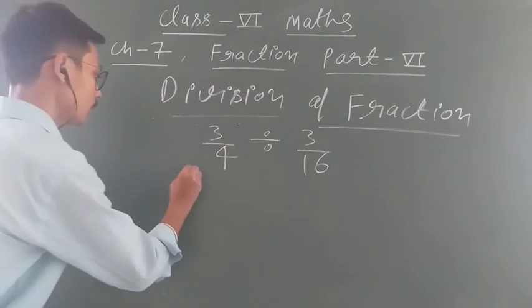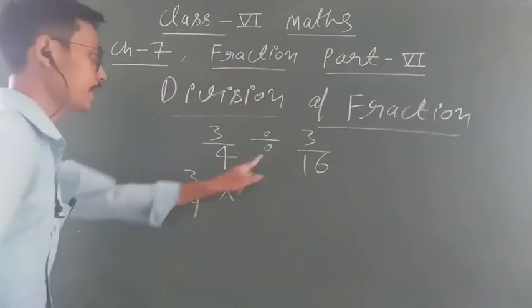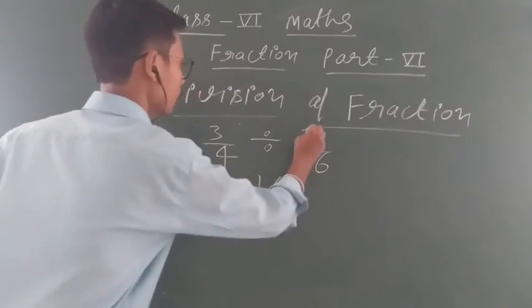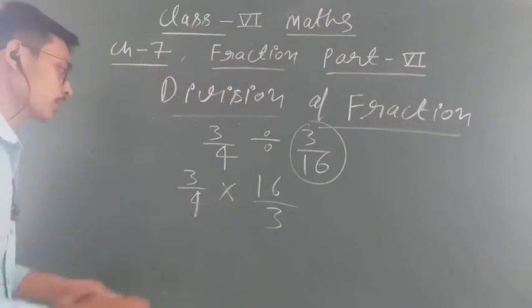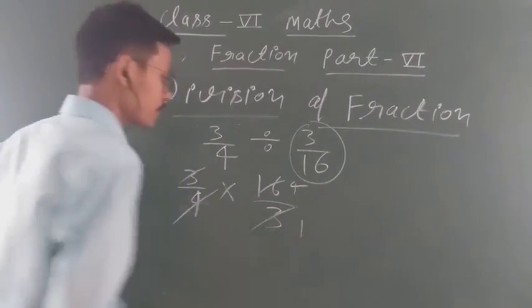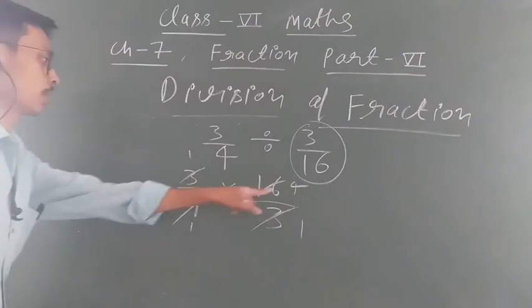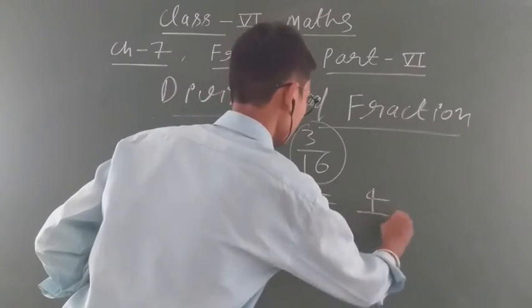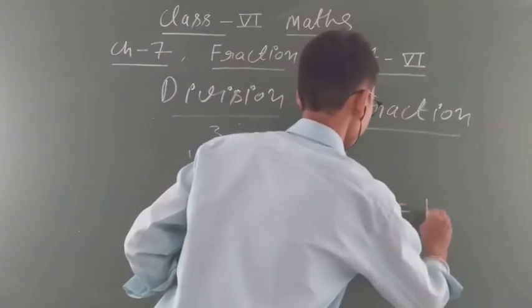Simple. You can write 3 upon 4 multiply sign, divide changes to multiply, into 16 upon 3, the reciprocal of this one. It will become 4 fours are 16, 3 ones are 3. It means 1. Here also 1, here also 1. 4 into 1 you can write as 4 upon 1. So the answer is 4.